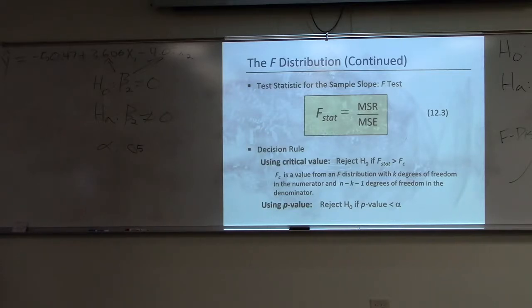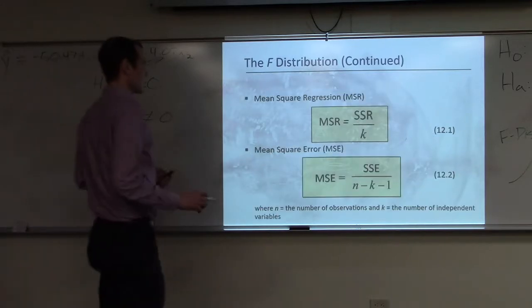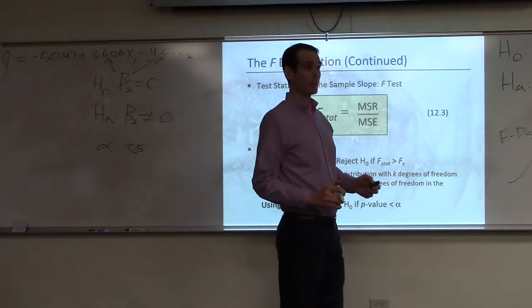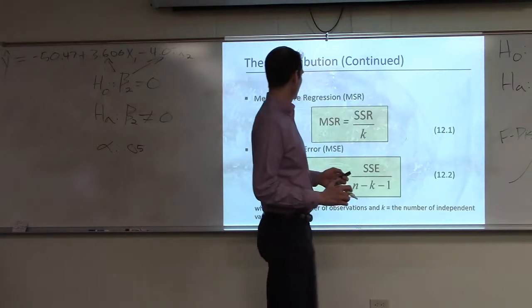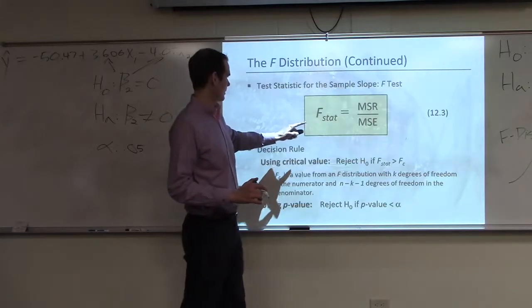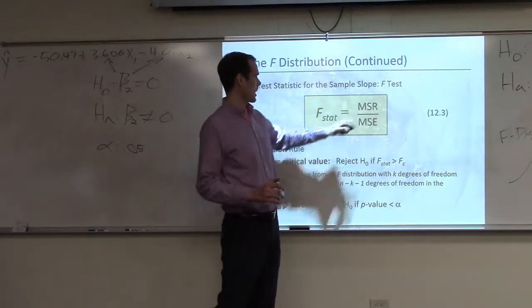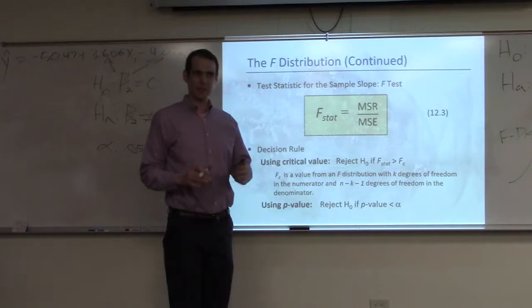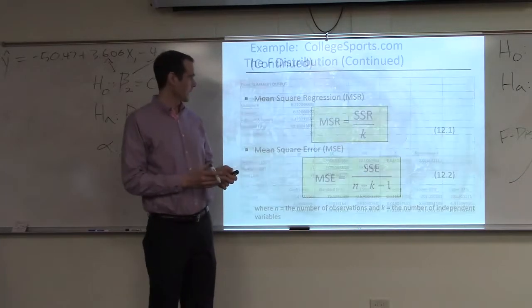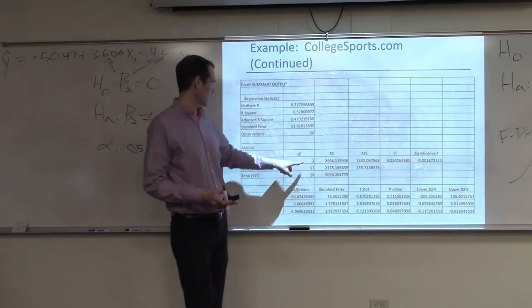So what are our degrees of freedom for this test? I apologize, I didn't really explain how degrees of freedom relate to this, but it's something we've already used before.